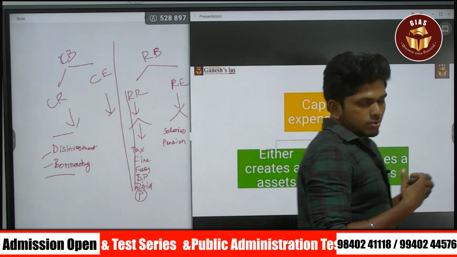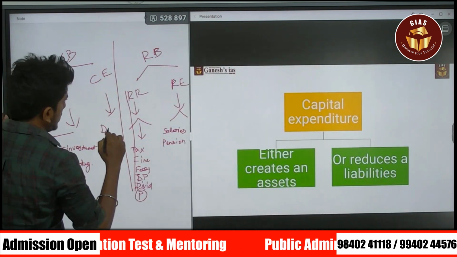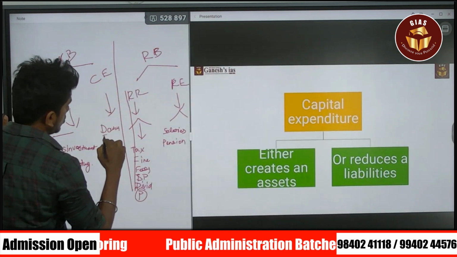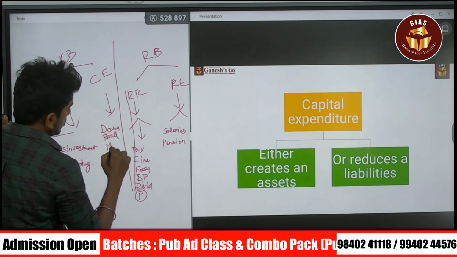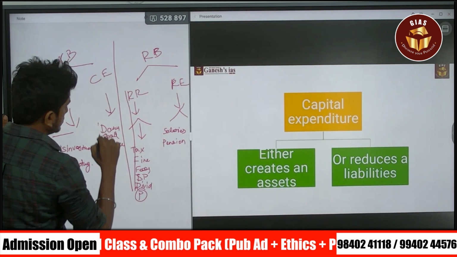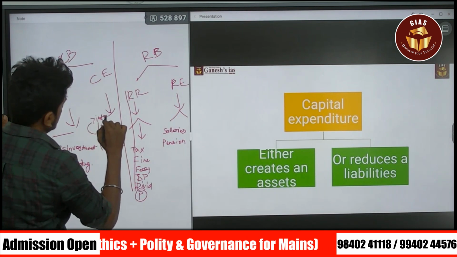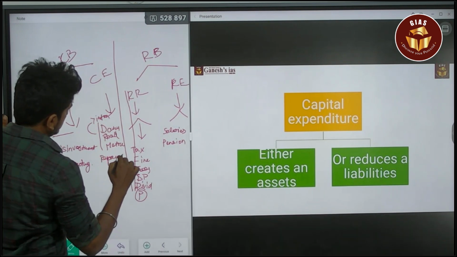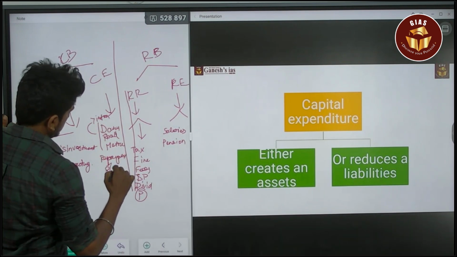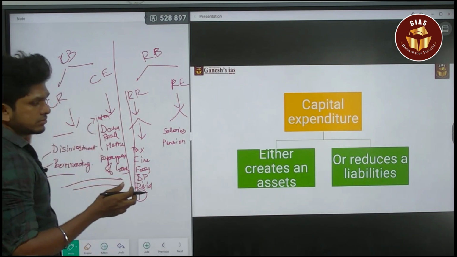Okay. So when it comes to the capital expenditure, the components are building dams, roads, metro, railway, so everything. So infra projects, or else repayment of the loans.